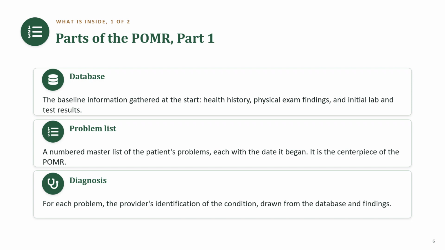For each problem on the list, the provider identifies the condition, drawing on the database and the exam findings. So the flow so far is collect the database, build the numbered problem list, and assign a diagnosis to each problem. On the next slide, we'll cover the planning parts, treatment, patient education, and the progress notes that track how each problem unfolds.